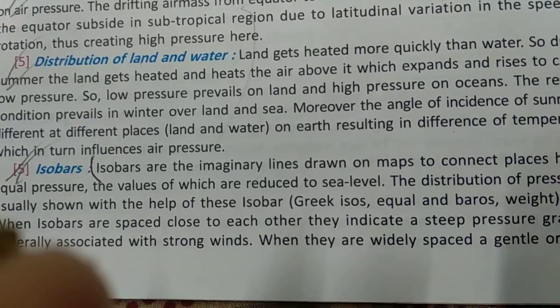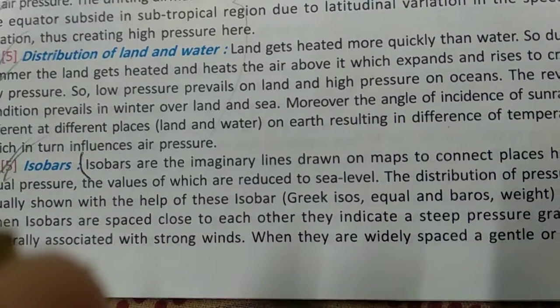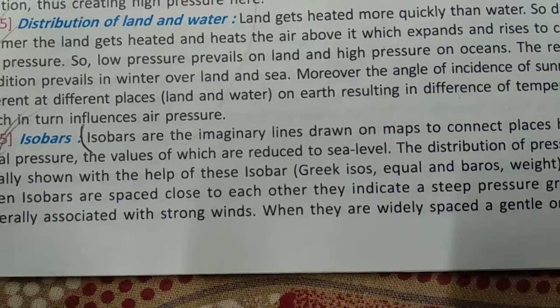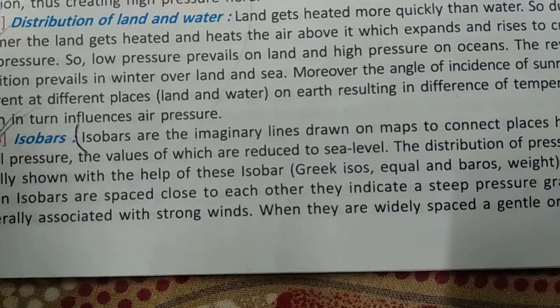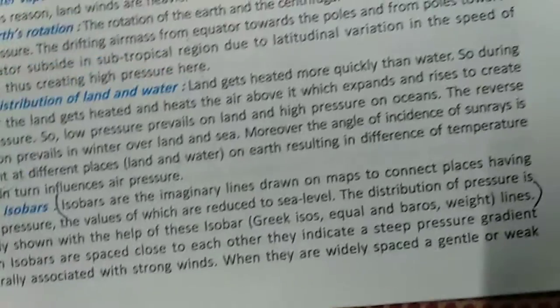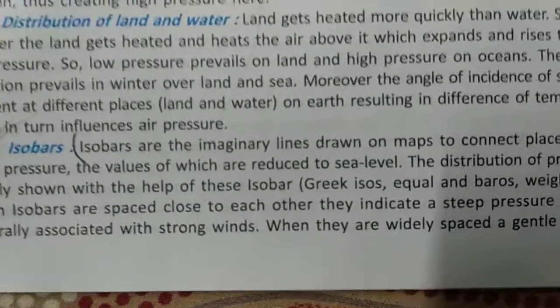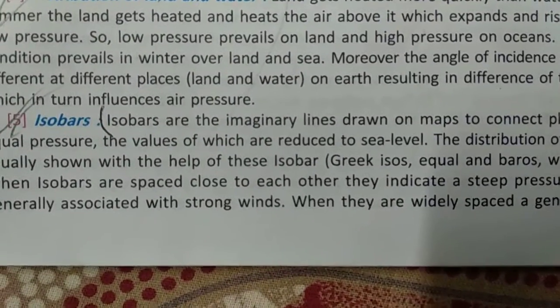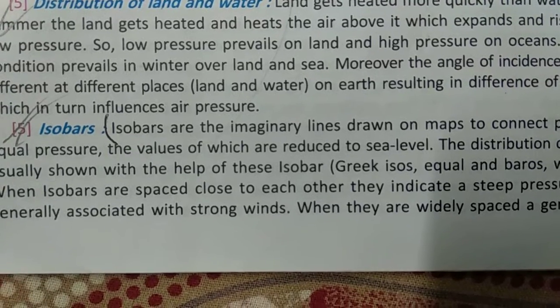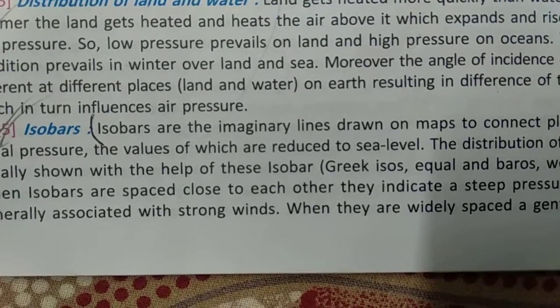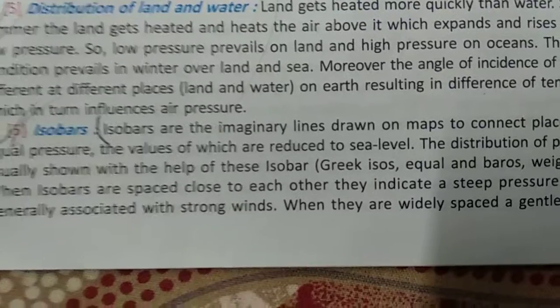Now, what is an isobar? These are imaginary lines on maps that connect areas which have equal pressure, the values of which are reduced to sea level. The distribution of pressure is usually shown on the map with the help of isobars. When isobars are spaced close to each other, they indicate a steep pressure gradient, which is associated with strong winds.